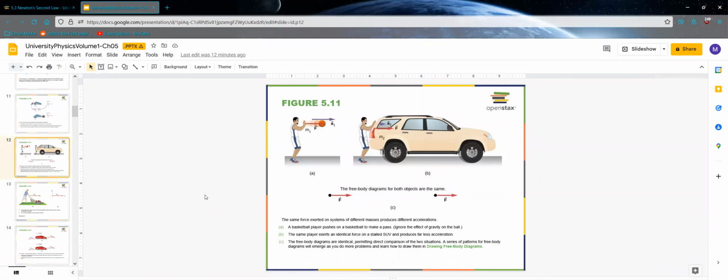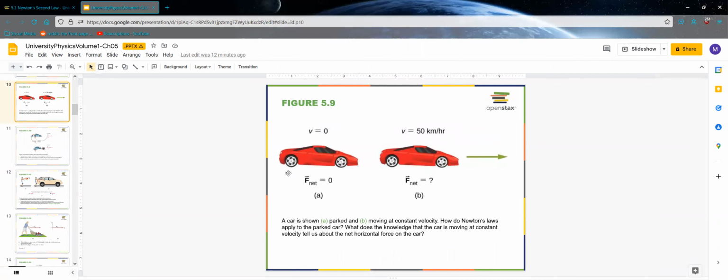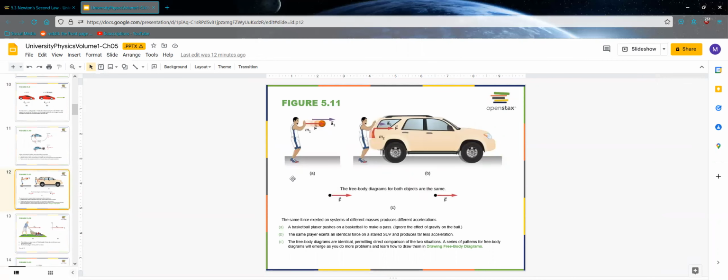Yep. So this is more examples of the same song and dance. This is actually a good example of Newton's second law of motion as well, F equals ma. We talked previously about the acceleration part of F equals ma, force equals mass times acceleration. This is an example of the m, mass. When you apply a force to something, the mass and the acceleration are inversely proportional to one another.